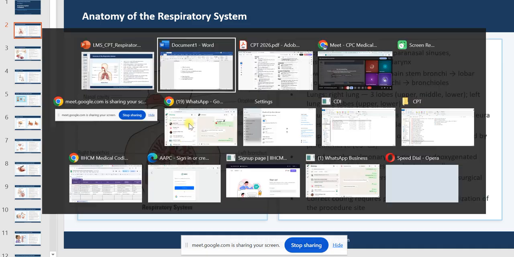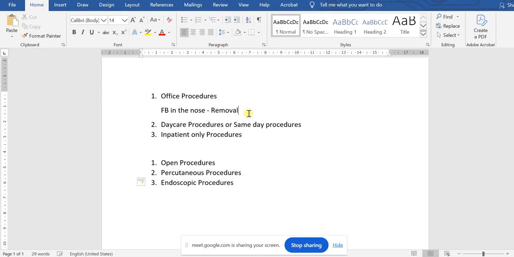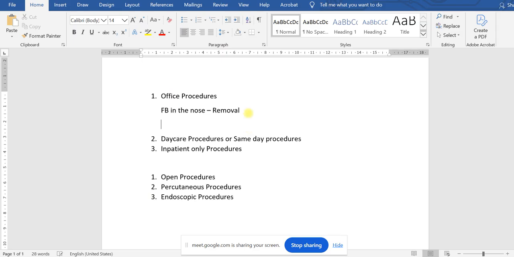So within the nose, nasal endoscopy, very important procedures. Nasal or sinus endoscopy. ENT surgeons will do nasal sinus endoscopy very routinely. I'm sure you heard about sinusitis, chronic sinusitis. So they do all these procedures.